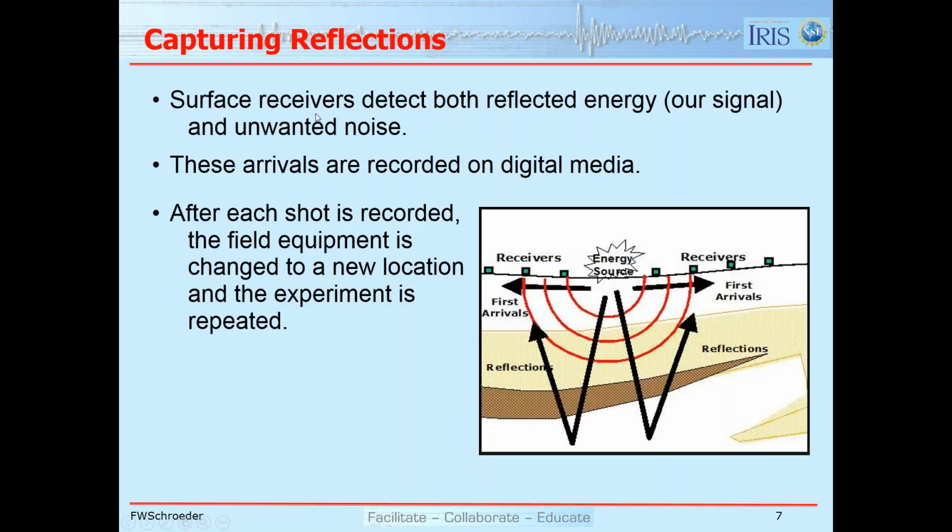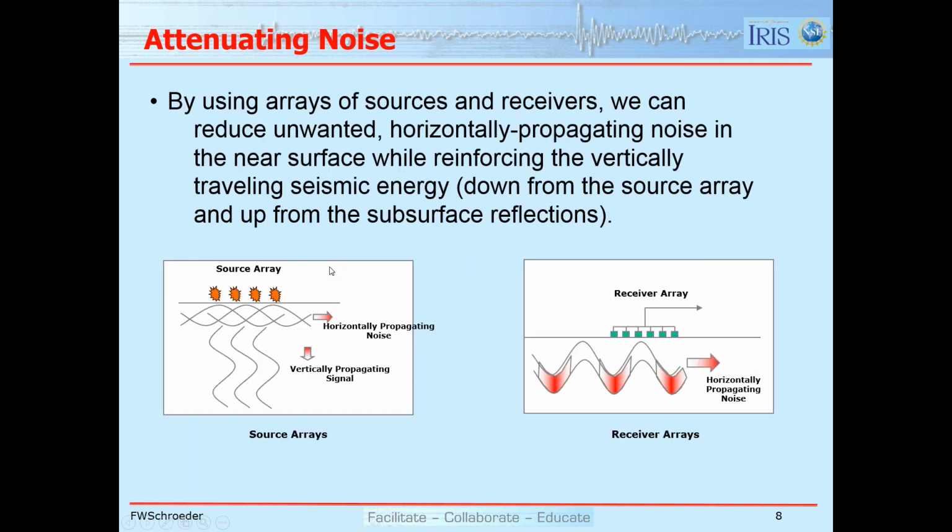We need to capture the reflected energy at the surface, and we want to try to get rid of unwanted noise. The arrivals that come back to the receivers are recorded digitally, and each shot is recorded in the field with equipment. We move the equipment along and repeat: second shot, listen, third shot, listen, fourth shot, listen, and so on until we get the data coverage that we are interested in.